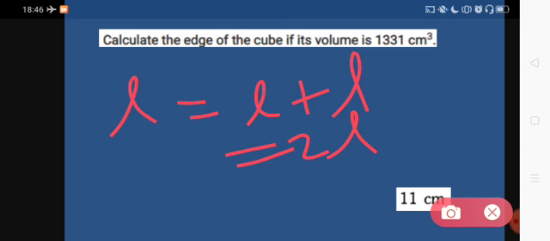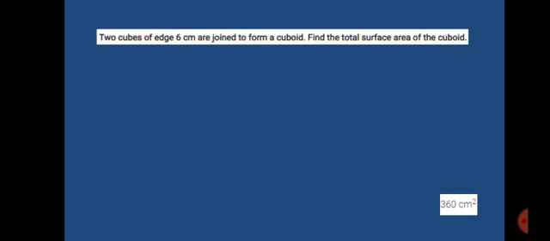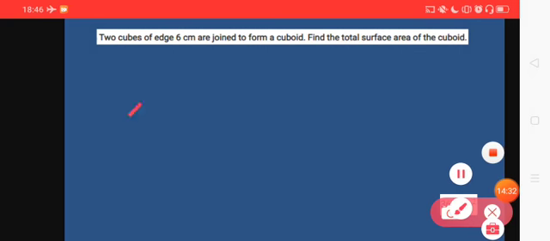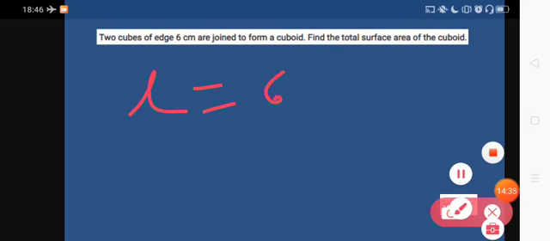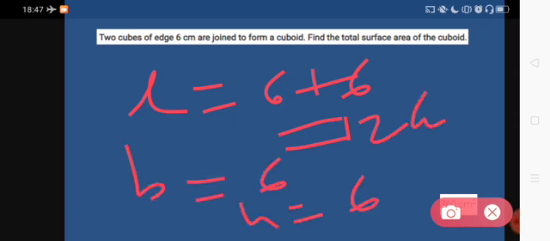Two cubes of edge 6 centimeter are joined, so the new length will be 6 plus 6 is equal to 12 centimeter. Breadth will be 6 and height will be 6. These will not be changed, but length will be changed. Now we have to calculate the total surface area of the cuboid.